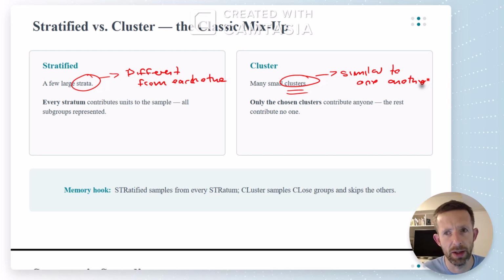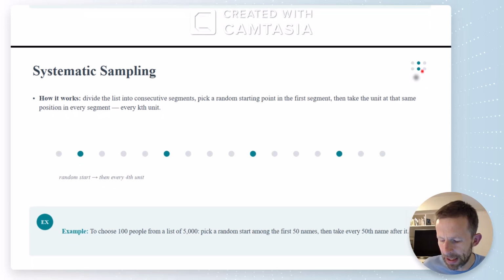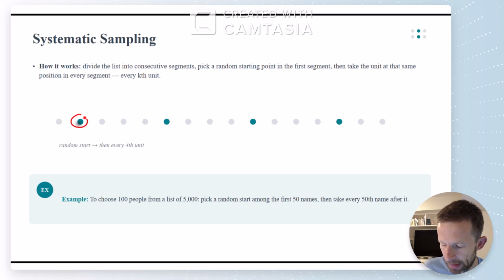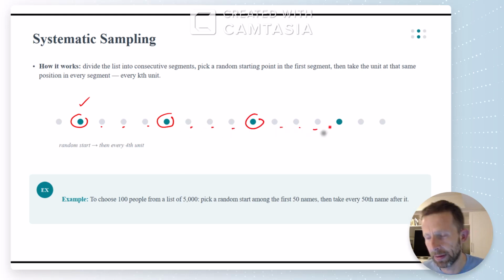If strata are different grade levels at the university, then freshmen are different from sophomores, are different from juniors, are different from seniors. Systematic sampling works by the first selection being random, and then after that, you pick, for example, every fourth. So you would pick this one, skip, skip, skip, pick the next one, skip, skip, skip, pick the next one, etc.